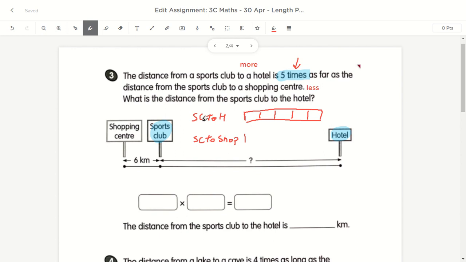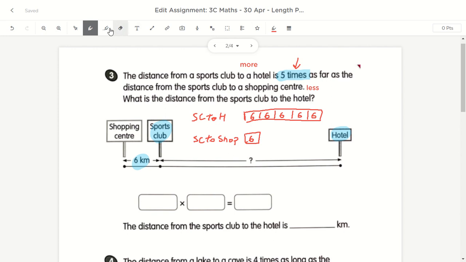So if the distance between the sports club and the hotel is 5 units, the distance between the sports club and the shopping center is 1 unit because it is 5 times more. Okay, and from the diagram, I know that the distance from the sports club to the shopping center is 6. And if 1 unit is 6, this will also be 6, this will also be 6, 6, 6, and 6.